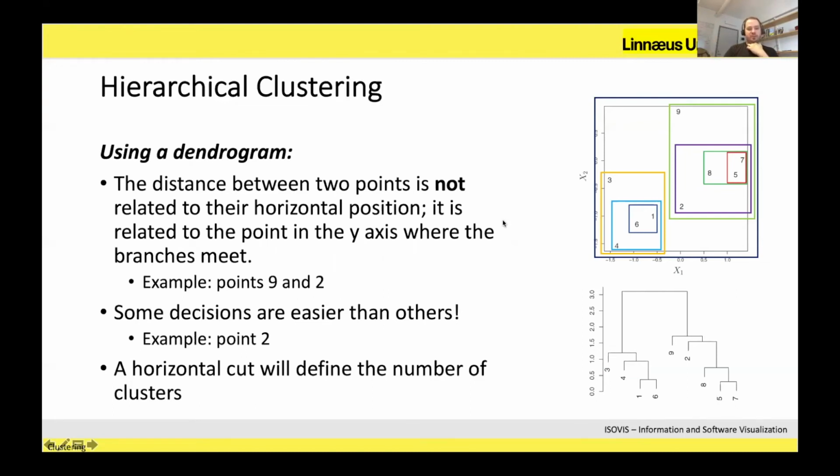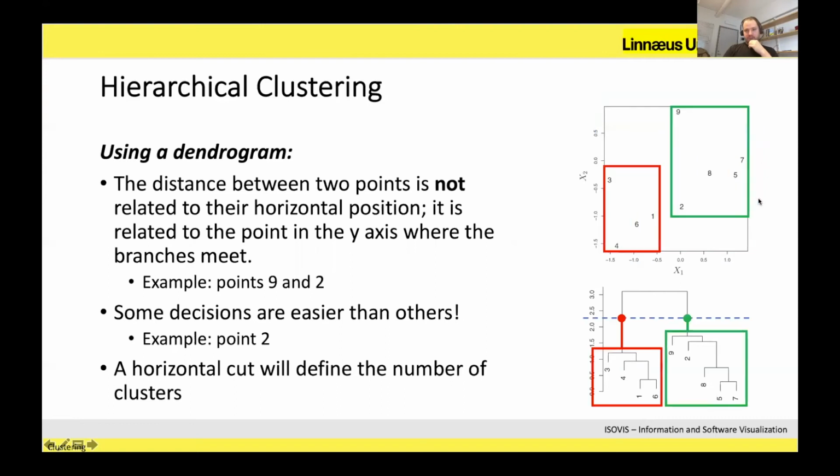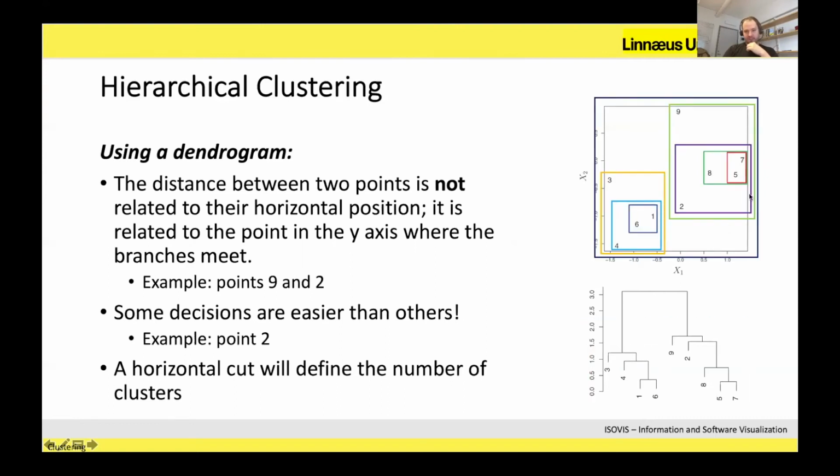So for example, think about this. 2 is in this purple cluster, together with 8, 5, and 7, because that's how the algorithm happened to assign that. But if you think about it, 2 and 1, they are much closer to each other than 2 is close to 8, for example, or even to 9, especially to 9.